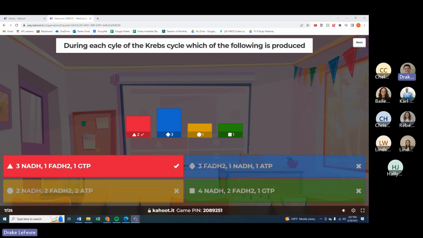A little bit of confusion on this one. So if we think back real quick, the mnemonic that we just talked about for remembering where NADH comes off, can anybody recall what that mnemonic was? Anybody at all?